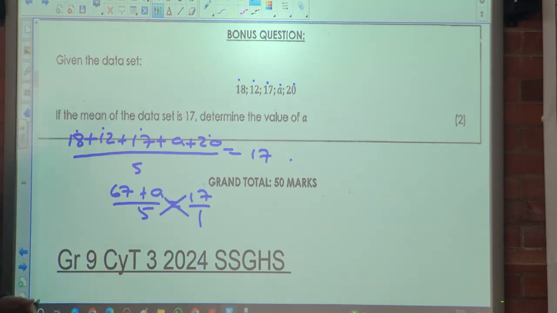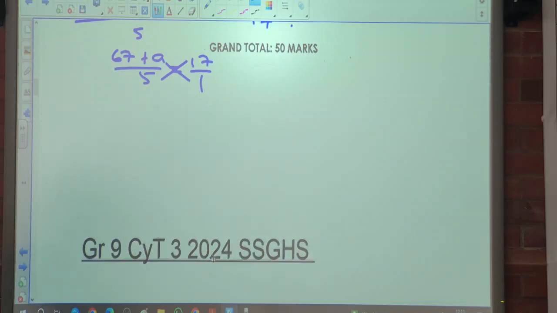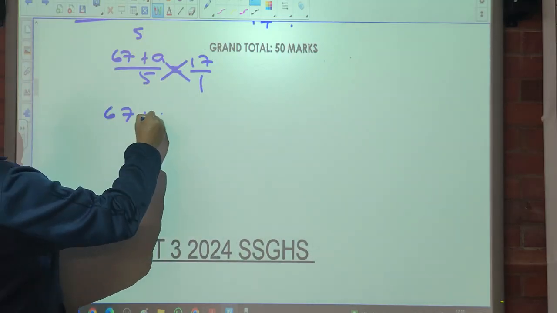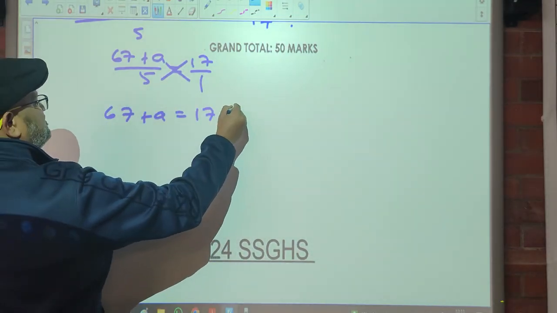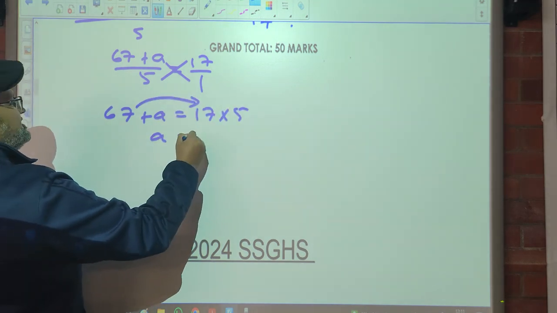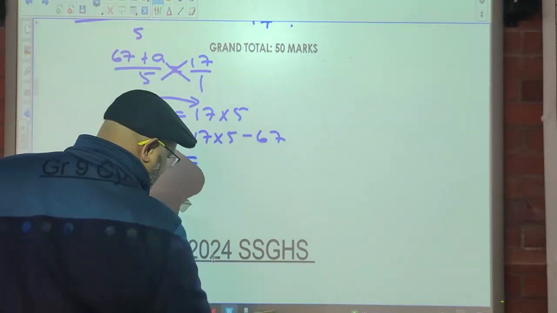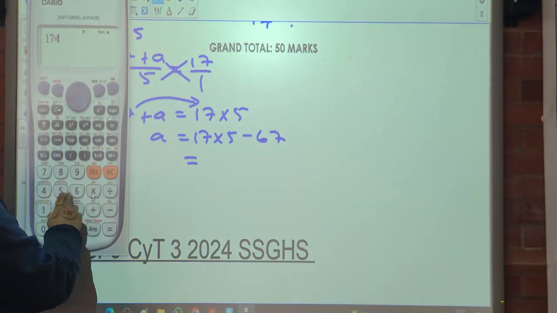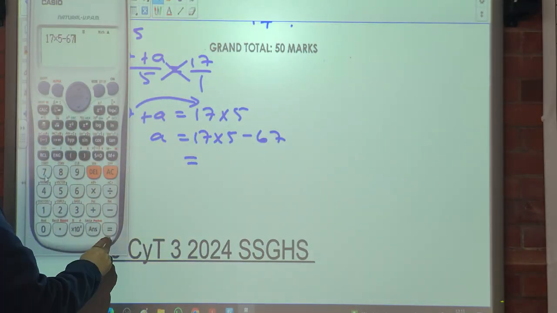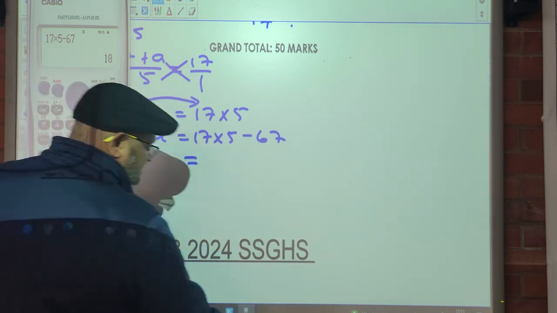Cross multiply gives us 67 plus A is equal to 17 times 5. Take it over. So A is equal to 17 times 5 minus 67. Is that correct?